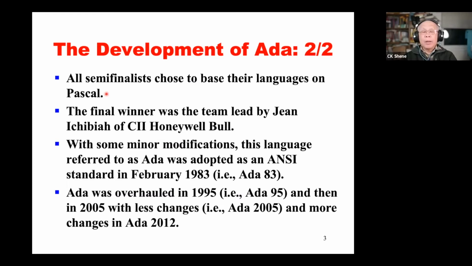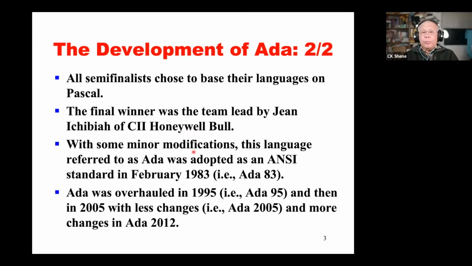By adding this and adding that, Pascal became quite popular during the late 70s and early 80s. The final winner of the 4 semi-finalists was the team led by Jean Ichbiah of CII Honeywell Bull in France.